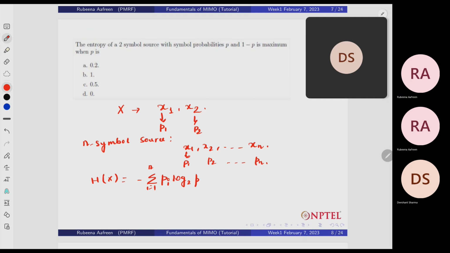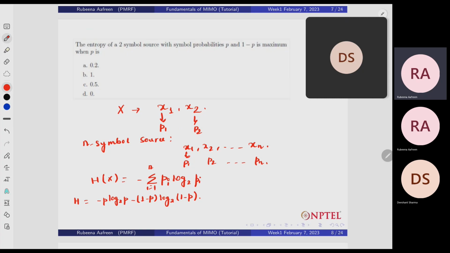So here, if two symbols are there and the probabilities are P and 1 minus P, the entropy would be minus P log to the base 2 of P minus (1 minus P) log to the base 2 of (1 minus P). So how do we find the maxima?